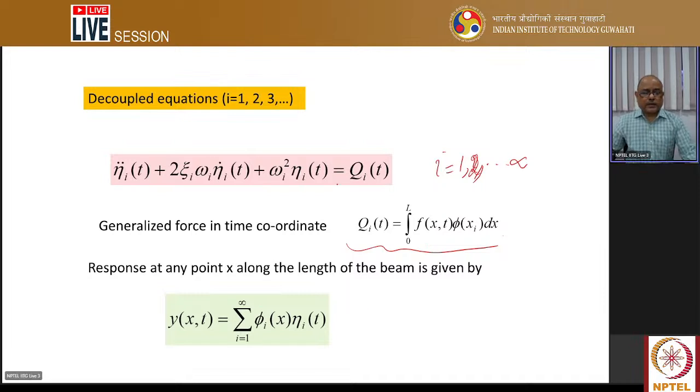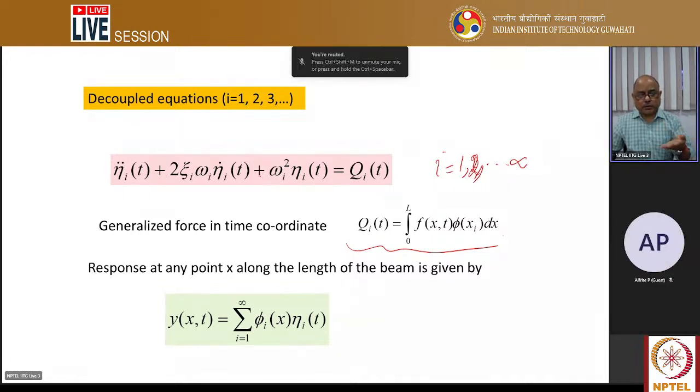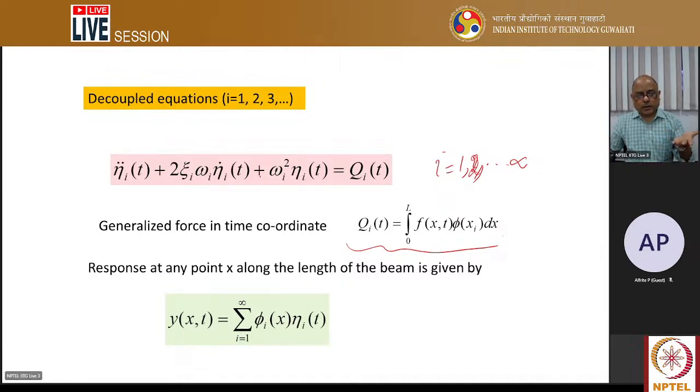Then after finding this generalized force, we can solve this equation by the known technique. If it is a harmonic force, you know how to use the expression for the steady state response. If it is a step input, you also know how to use the expression for the step input.